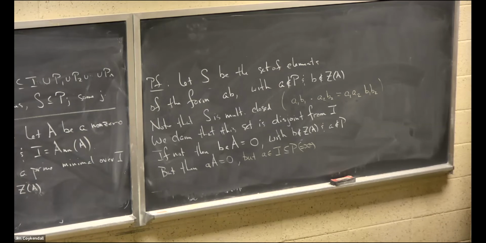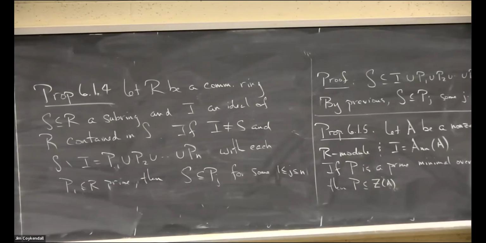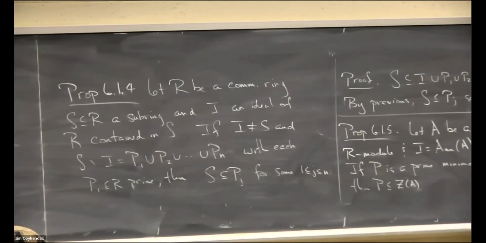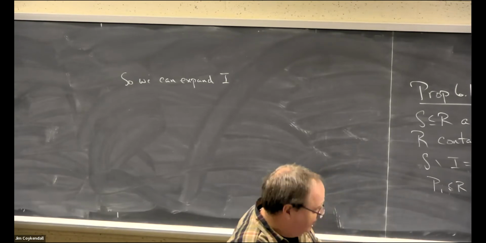So we have a multiplicative set and it's disjoint from I, right? And so once again, this theme appears. So we can expand I, we can grow it up to a prime ideal. We'll call it Q, that's maximal with respect to the exclusion of S.